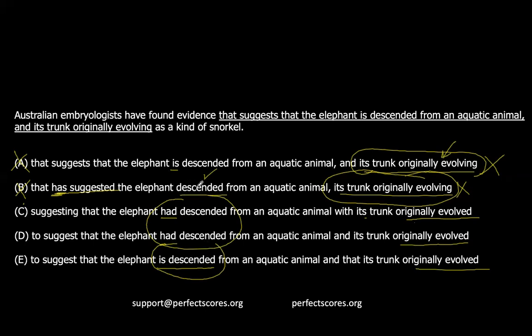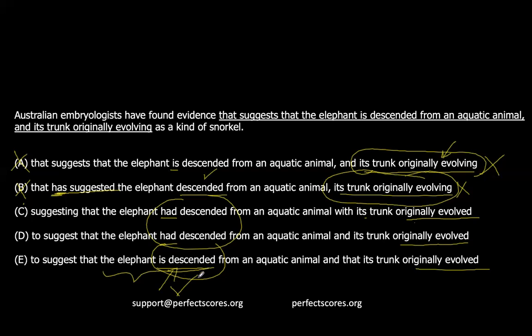In this case, "is descended" is going to be correct because this is like a fact. Just like we say, we have evolved from early hominids. This is one of those general facts that has to be used in the present tense, like the earth revolves around the sun.